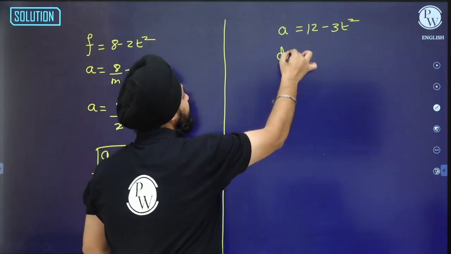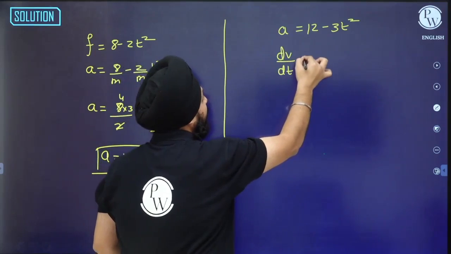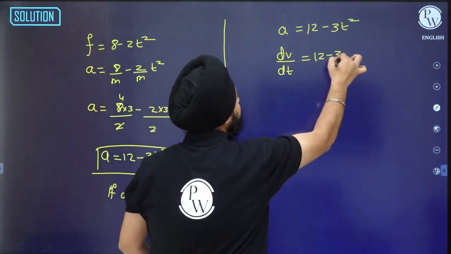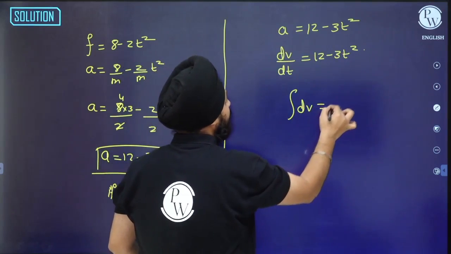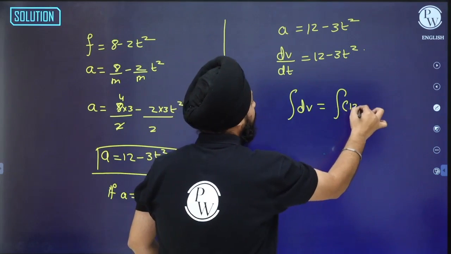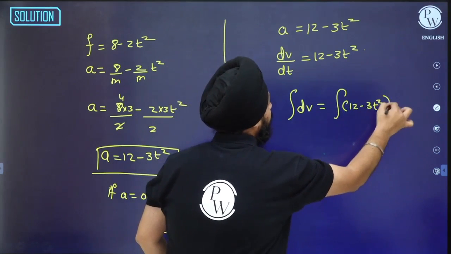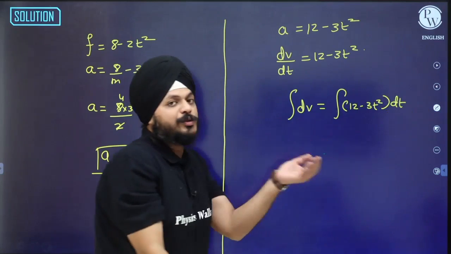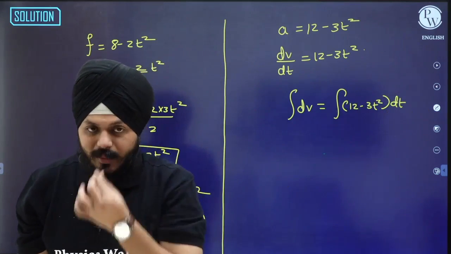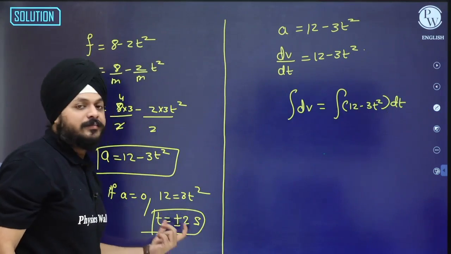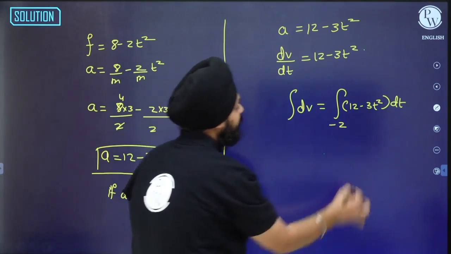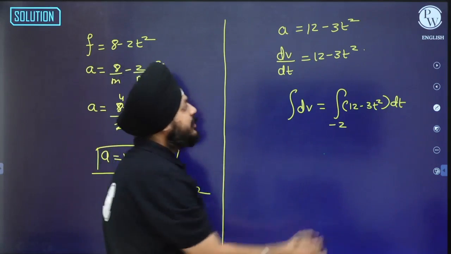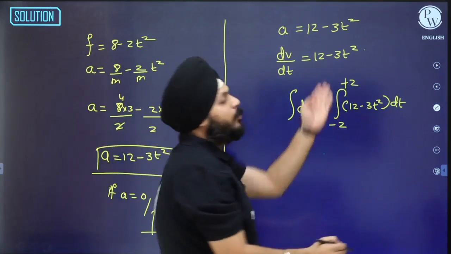I am replacing the acceleration as dv by dt, equivalent to 12 minus 3t square. Now, integration of dv is equal to integration of 12 minus 3t square dt. What will be the limits of this integration? Two intervals are there for time. First, acceleration was 0 at minus 2 seconds. Second, acceleration was 0 at plus 2 seconds.